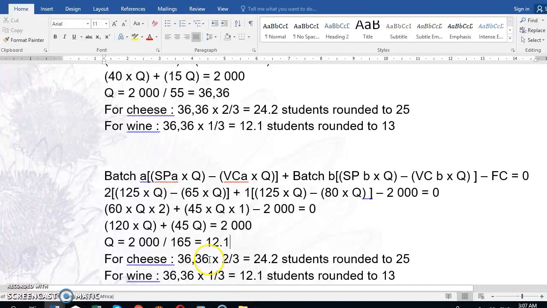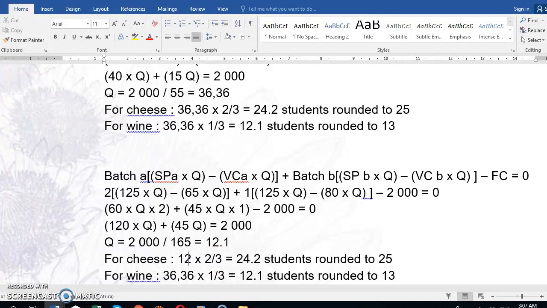For cheese we take the 12.1 and multiply it not by 2/3 but by 2, because it's the batch approach, and again that gives you 24.2. For the wine tour, it's the 12.1 times the 1, which gives you 12.1.